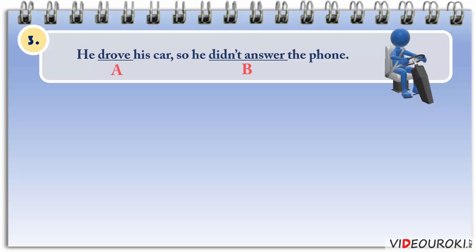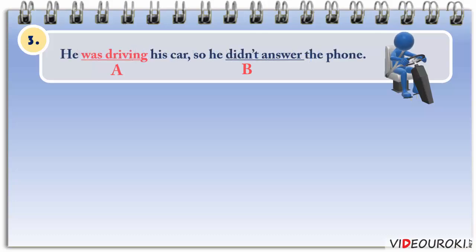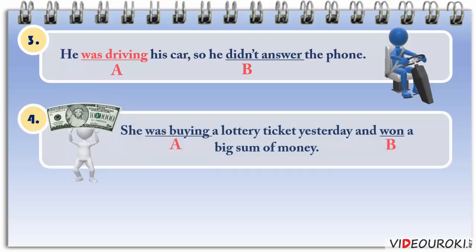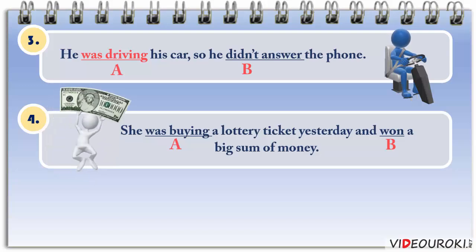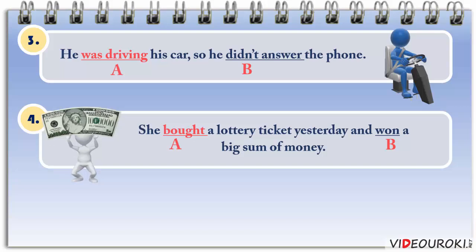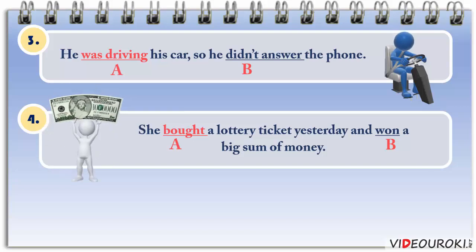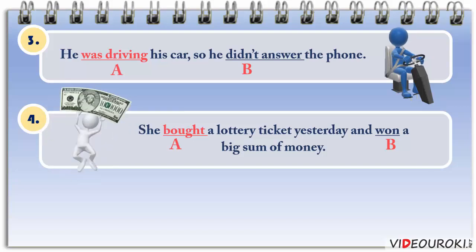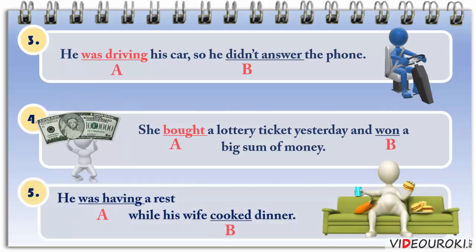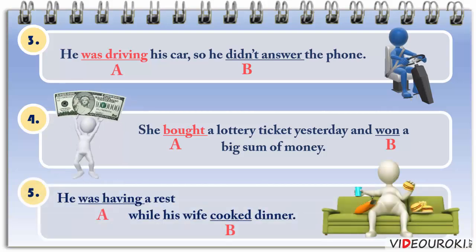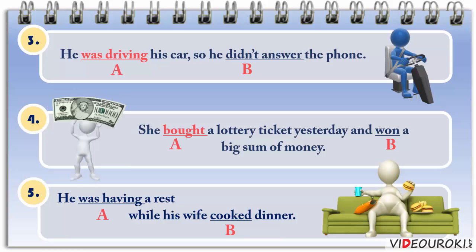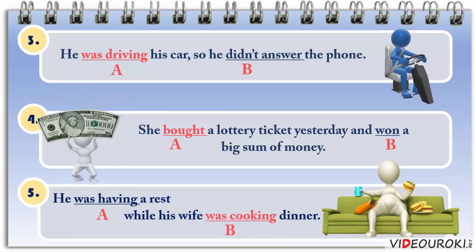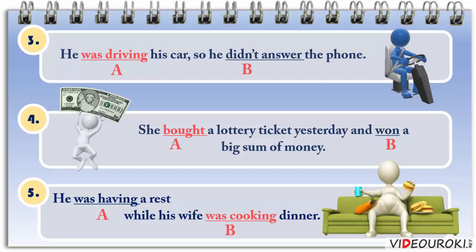The correct sentence is: he was driving his car, so he didn't answer the phone. Number 4. The correct sentence is: she bought a lottery ticket yesterday and won a big sum of money. Number 5. The correct sentence is: he was having a rest while his wife was cooking dinner.